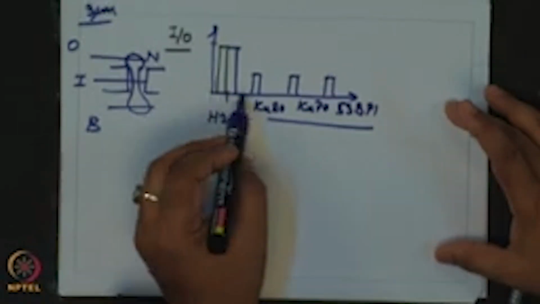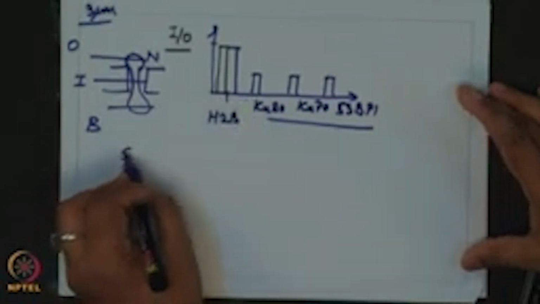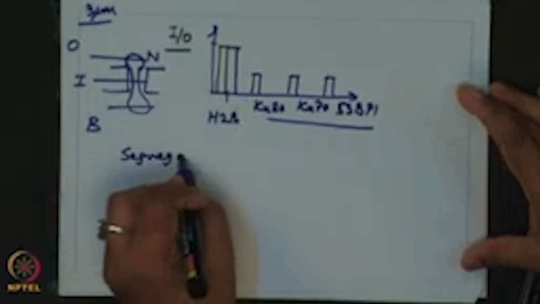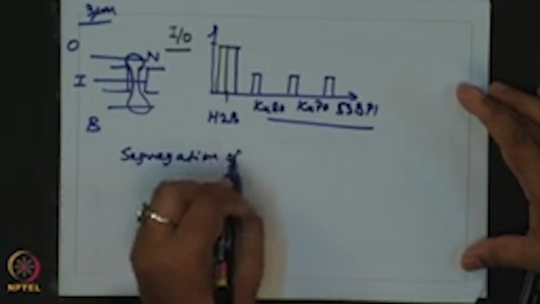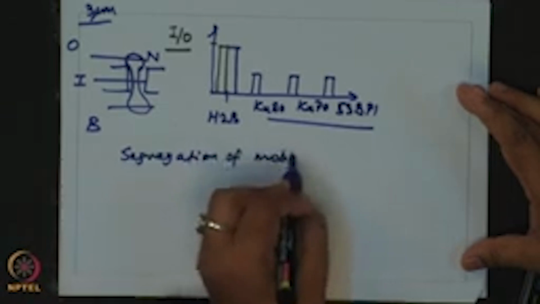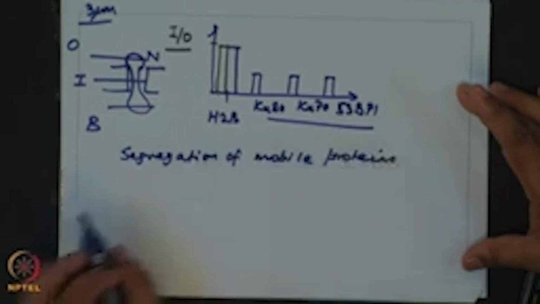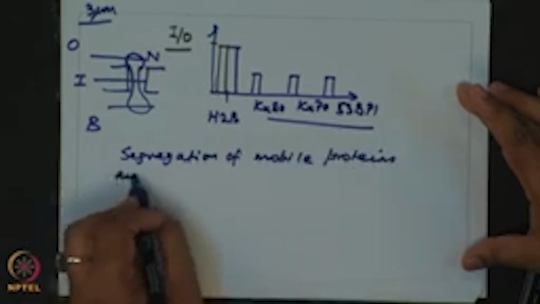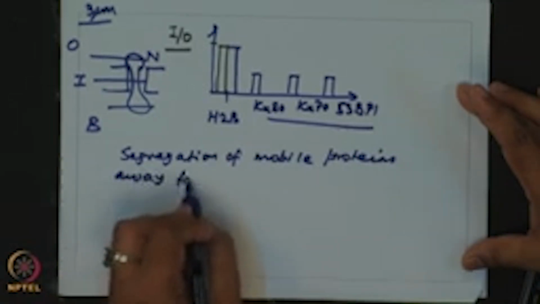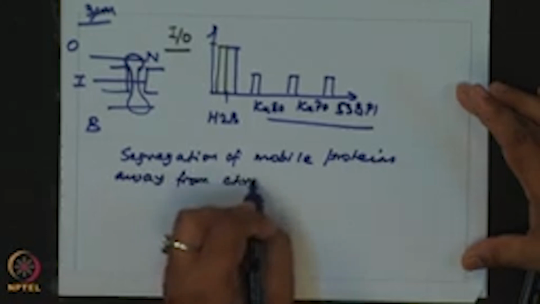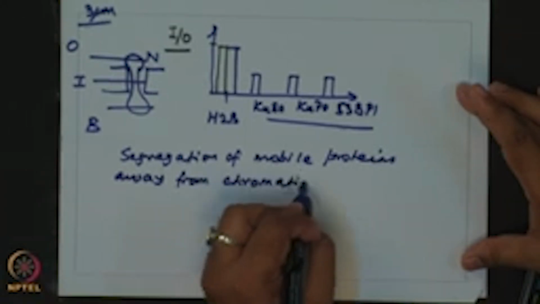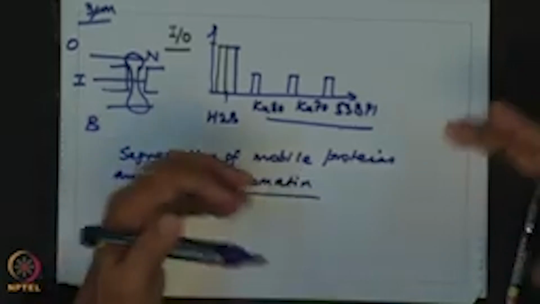Okay. So, suggesting that there is a segregation of mobile proteins away from chromatin. Okay. So, there is a segregation.